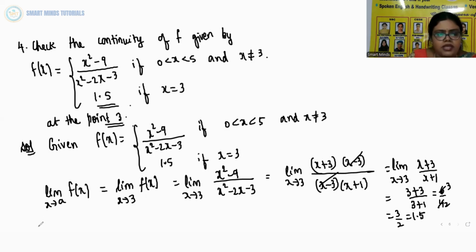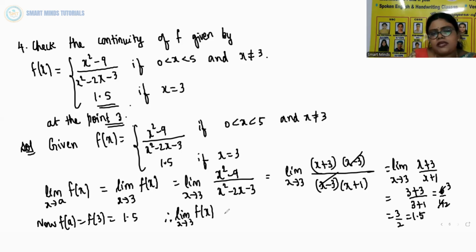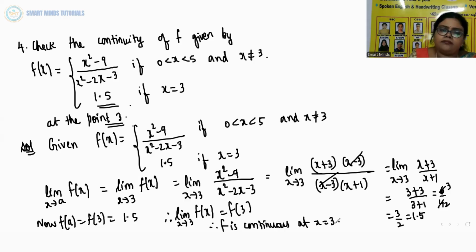So now f of a is equal to f of 3. That is 1.5. So therefore, limit x tends to 3, f of x is equal to f of 3. Therefore, f is continuous at x is equal to 3.